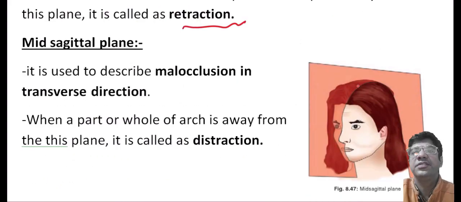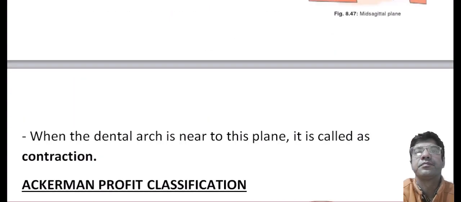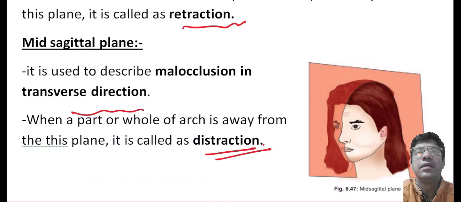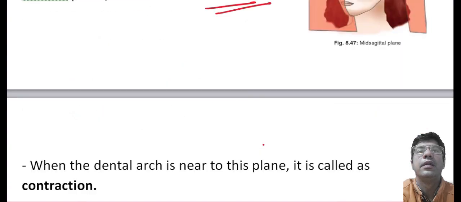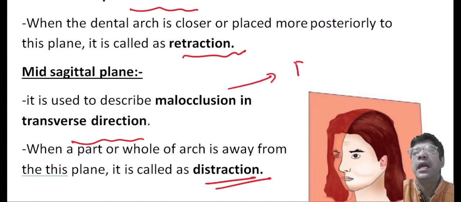The mid-sagittal plane refers to malocclusion in the transverse direction. When part or the whole arch is away, it's called distraction, and when it is near, it's called contraction. The mnemonic is DMC.